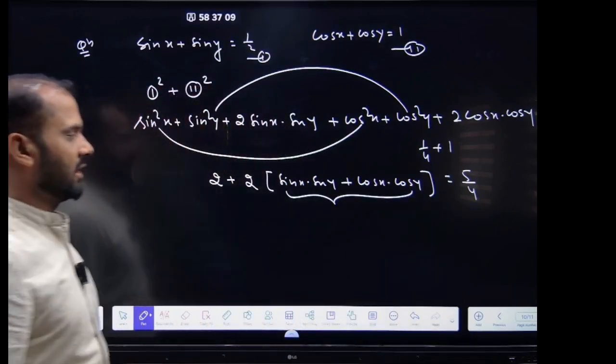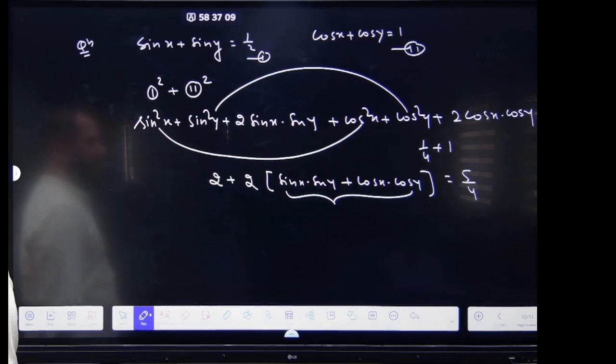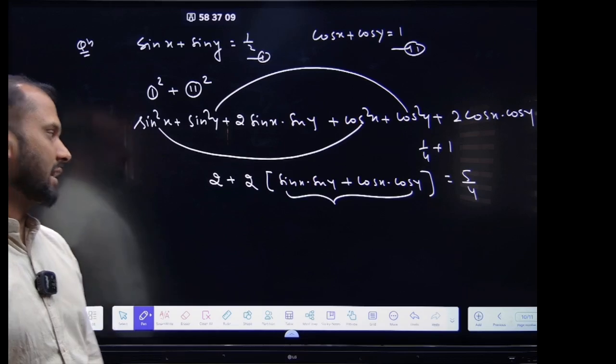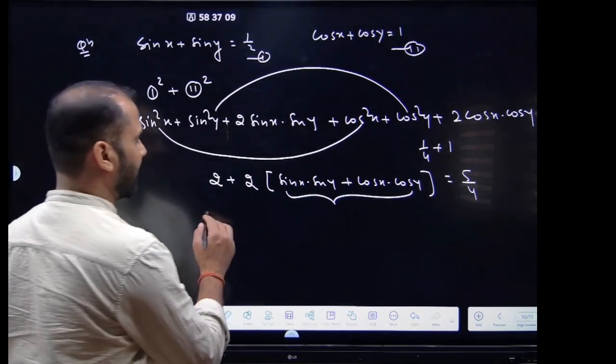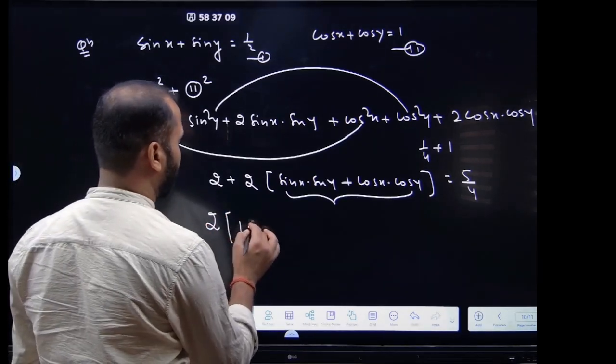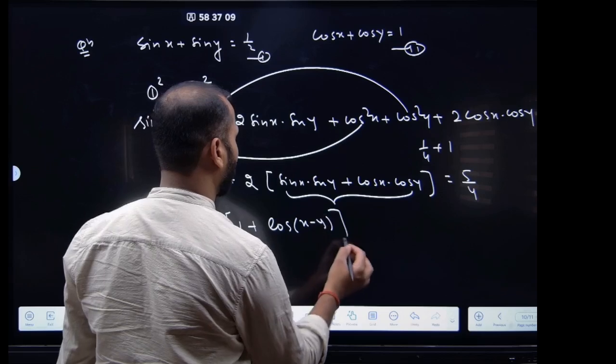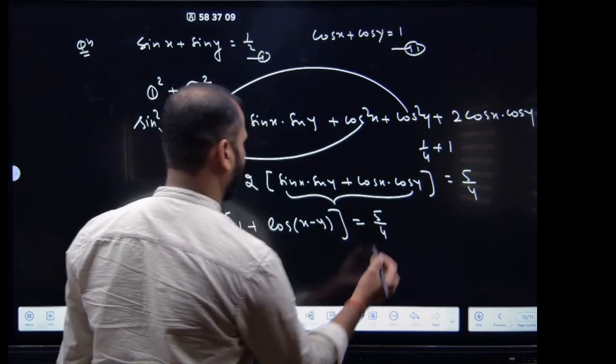Which information is it? Cos x cos y plus sin x sin y. Which formula? Cos x plus y or minus y? Minus. Yes or no? Minus. Cos x minus y is cos x cos y plus sin x sin y. So this 2 I can take common. So it will be 1 plus cos, here I will get x minus y or y minus x, 5 by 4.